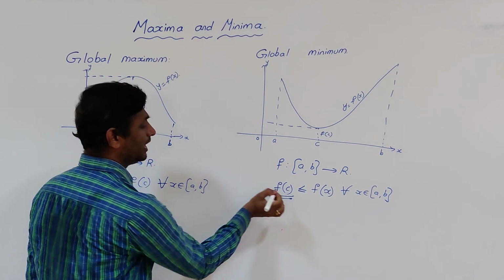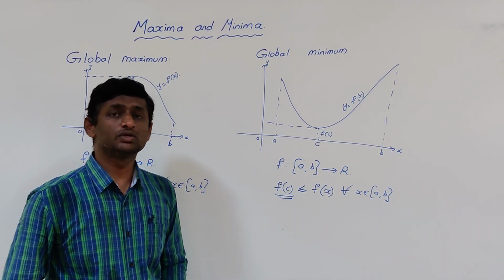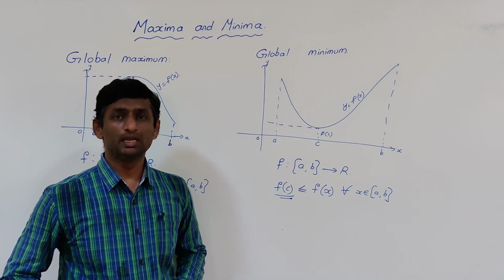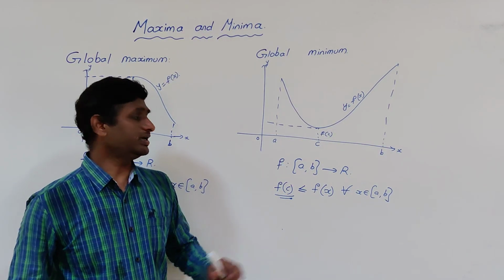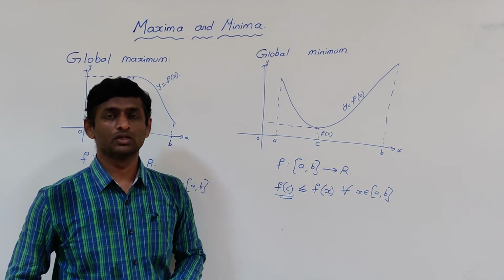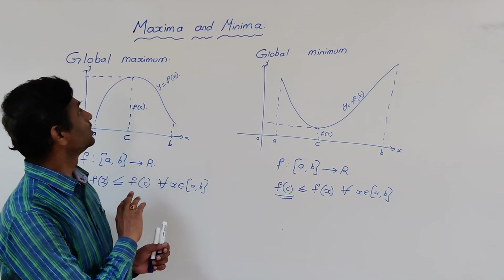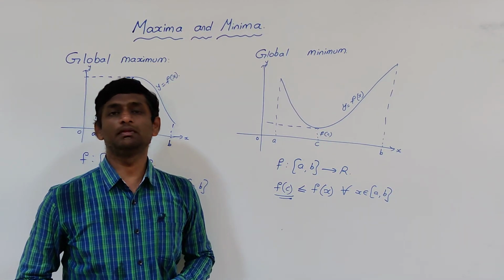Then f(c) is said to be the global minimum value, at what point? At x = c. So this is about global maxima and global minimum.